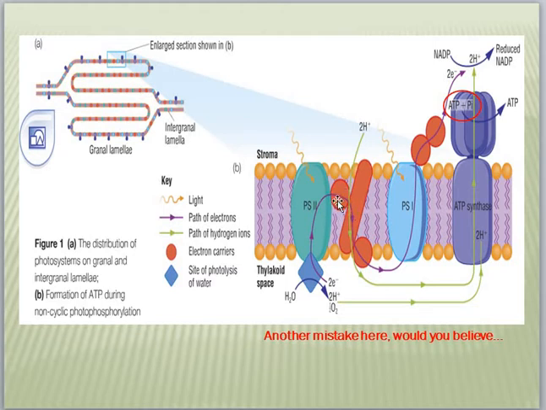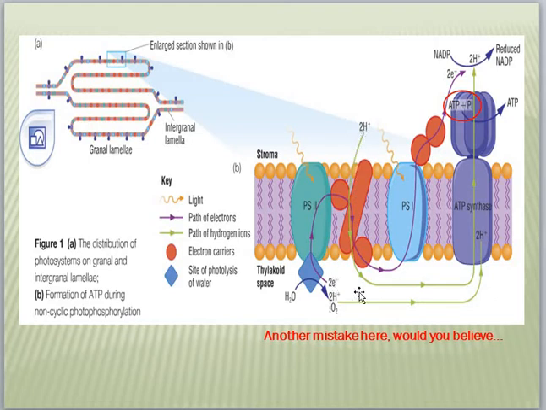Now these electron acceptors, we're going to simplify here and just show a few weird sort of shapes, but they come in various different forms, different names, plastoquinone and so on and so forth, and their job is to take the electrons to photosystem 1, but on the way use some of the energy from them to transport protons into the thylakoid space.